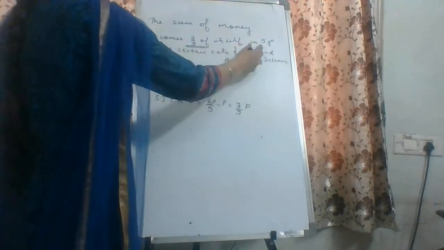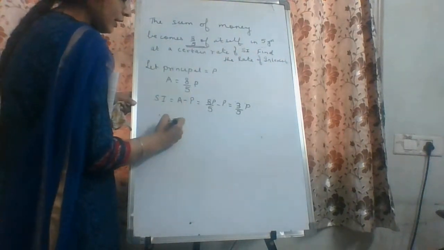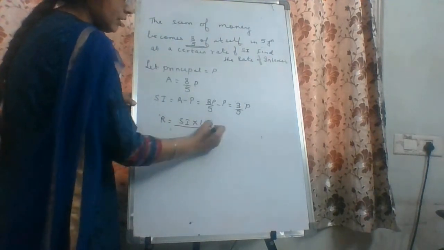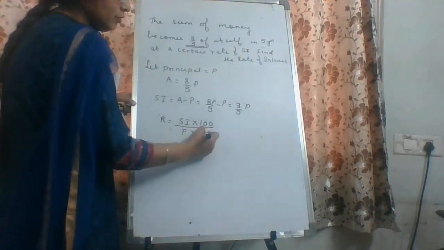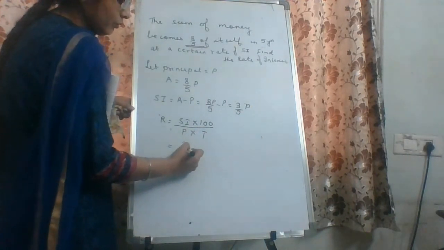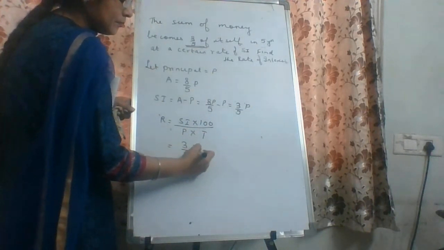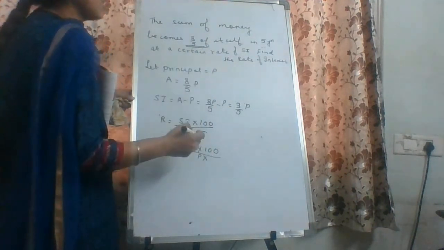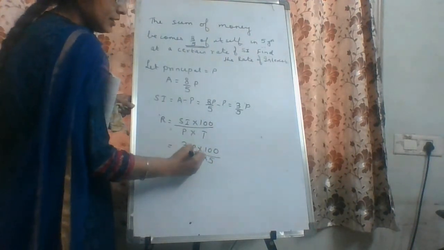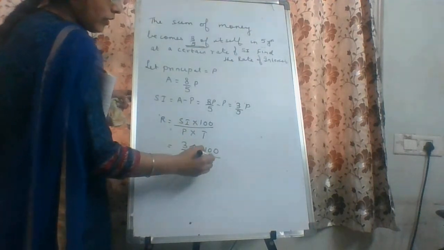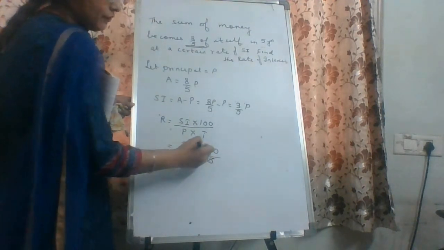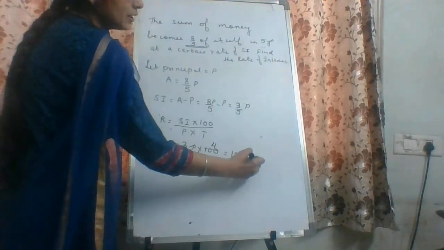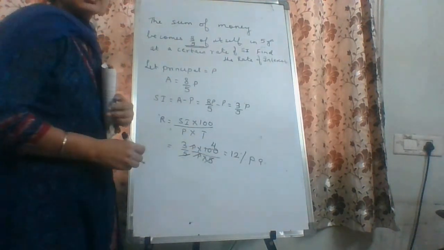Here, time is 5 years. You have to calculate the rate. Rate is simple interest multiplied by 100 upon principal into time. This is equal to 3 upon 5 P multiplied by 100 upon P, and time here is 5 years. This gets cancelled. 5 into 5 is 25. 25 fours are 100. 4 into 3, 12. 12% per annum is the rate of interest.